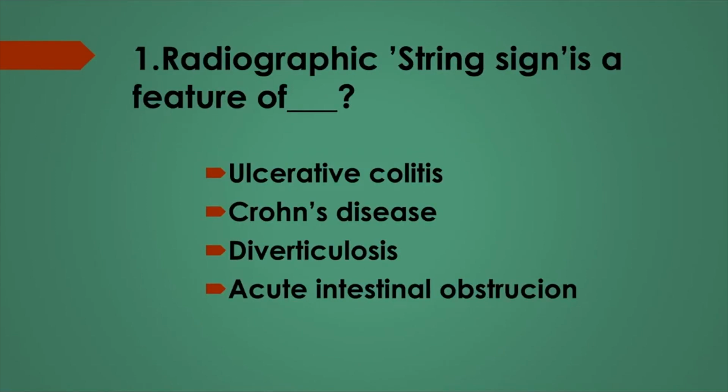Radiography string sign is a feature of option A: ulcerative colitis, option B: Crohn's disease, option C: diverticulosis, option D: acute intestinal obstruction. Answer: option B: Crohn's disease.